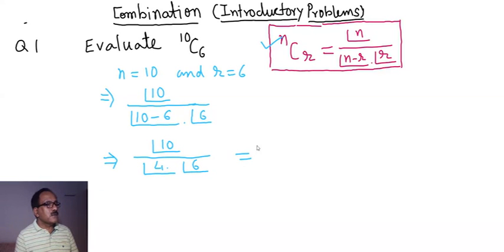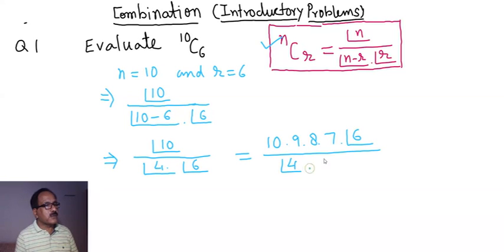See, factorial 10 may be written like this: 10 into 9 into 8 into 7, then factorial 6. This is in denominator factorial 4 into factorial 6. So this factorial 6 and this will be divided.